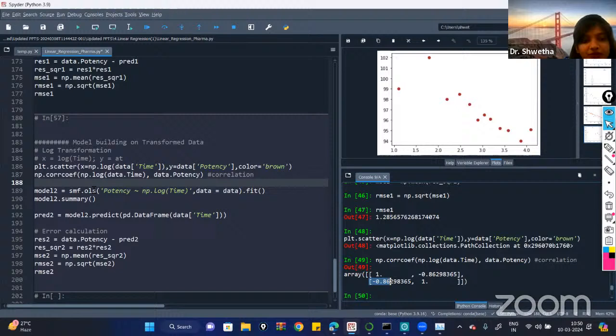Okay. For this data, where log was applied, we are taking that and building the model. Again, from statsmodels.formula.api, we are taking OLS, that is the ordinary least squares technique, and then using this data, fitting the model and predicting.